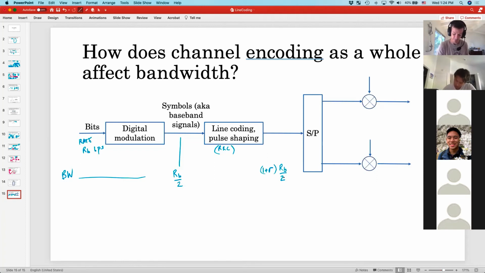Okay, so now this is a new block, I think. I don't think I've used this terminology before, but this is a shorthand for serial to parallel. Another way you could call this is a demux, a demultiplexer. So something that takes things that were sent sequentially and sends them out in parallel streams.